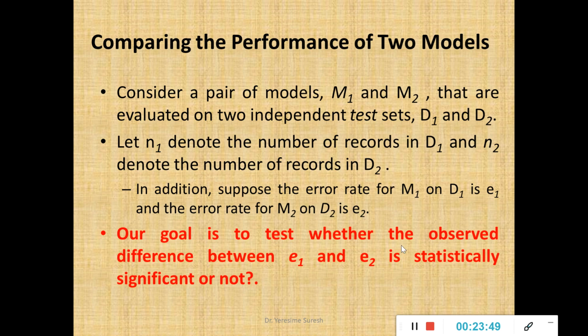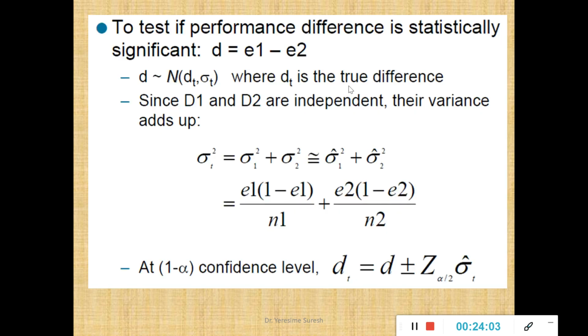What is our objective or goal? Our objective is to test whether the observed difference between E1 and E2, that means the error rate between model 1 and model 2, is statistically significant or not. We are supposed to determine this. We have certain formulas wherein the first thing I am supposed to do is find the difference between the two models' error rates, E1 subtracted by E2. I denote this difference as D, where D indicates the observed difference.